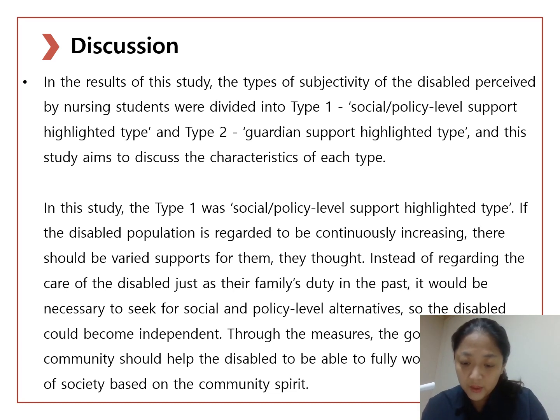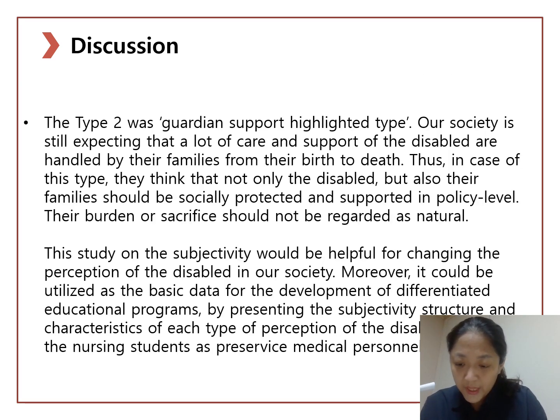Type 2 was Guardian Support Highlight Type. Our society is still expecting that a lot of care and support of disabled are handled by their families from their birth to death. Thus, in case of this type, they think that not only the disabled but also their family should be socially protected and supported in the policy level. Their burden or sacrifice should not be regarded as natural.